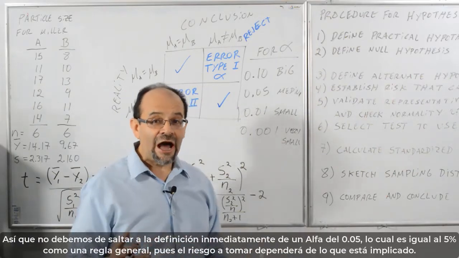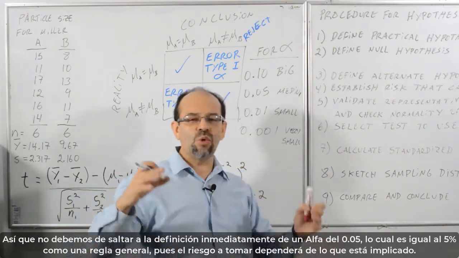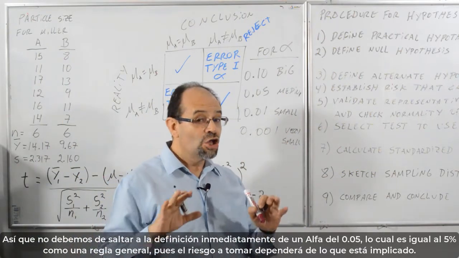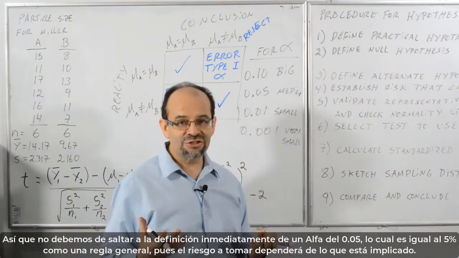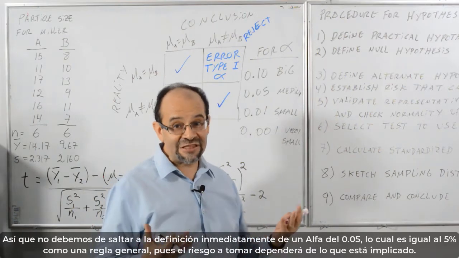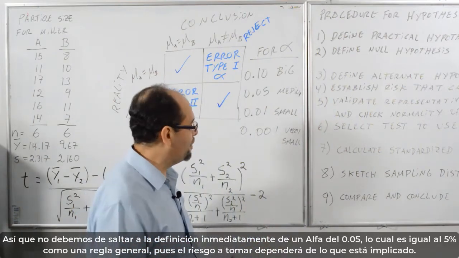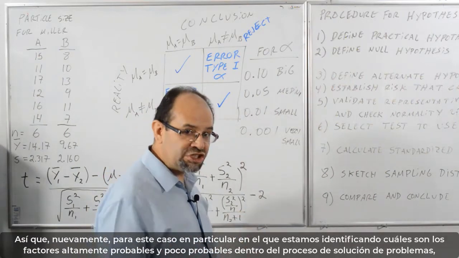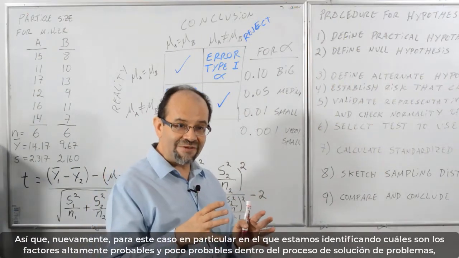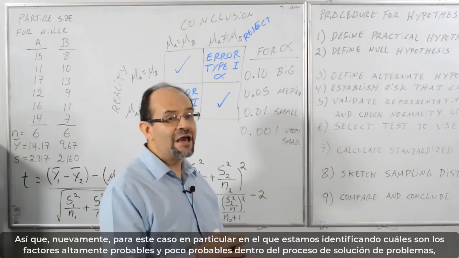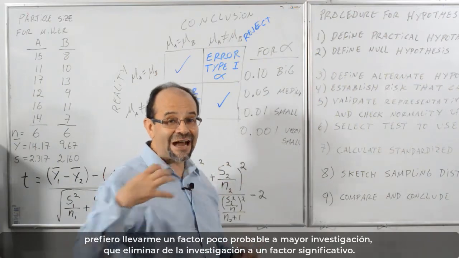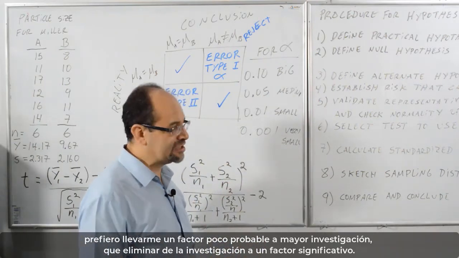So again, I wouldn't jump immediately to alpha equal to 0.05 or alpha equal to 5%, and that's a general rule. Don't do that. It depends on what is at risk. It depends on what you are talking about. So again, for this specific example, which is the problem solving to identify which are highly likely and lowly likely, I prefer to take lowly likely to further investigation than discarding highly likely from the investigation.